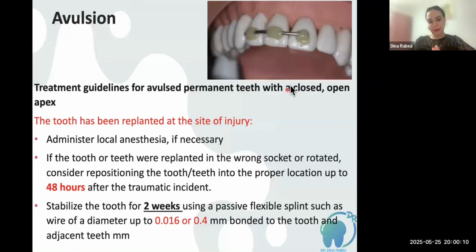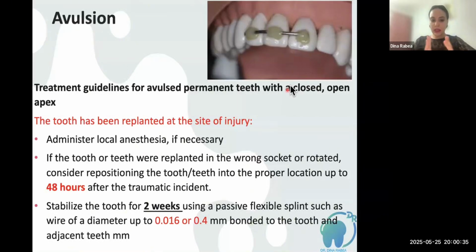Just leave them be. And again, we have to stabilize with avulsions. We stabilize all teeth for 2 weeks, unless we have an accompanying bone fracture or other fracture. When it comes to the splints, most of the time we splint with composite and wire, like in the photo.